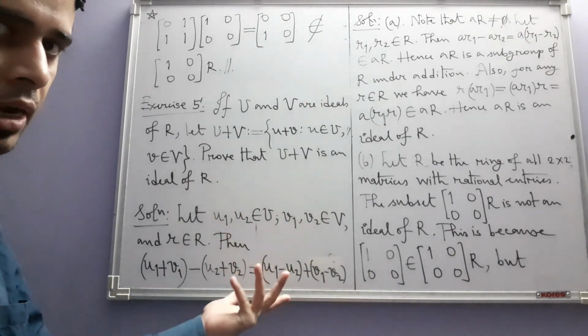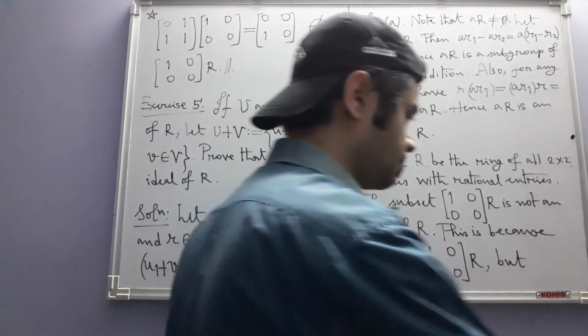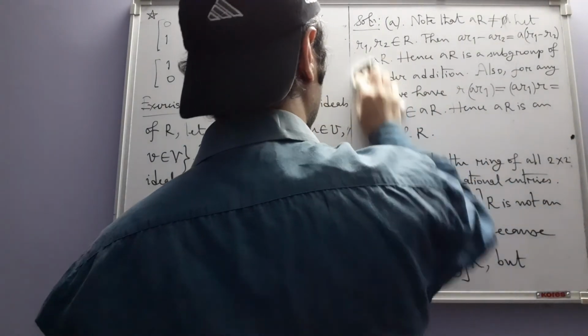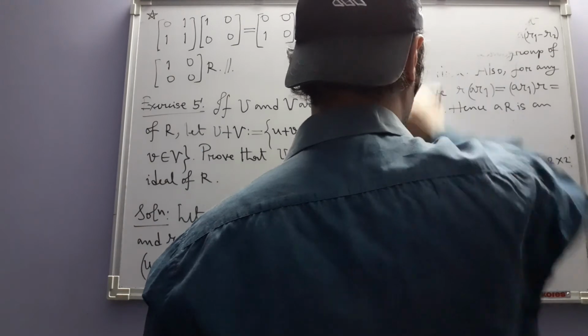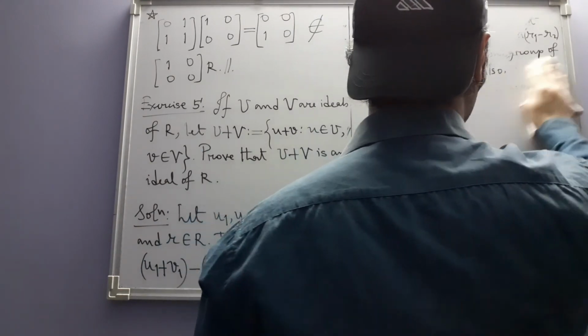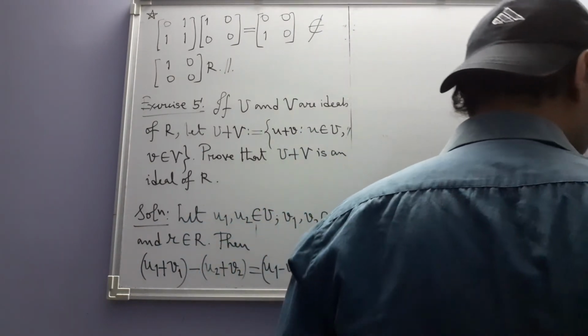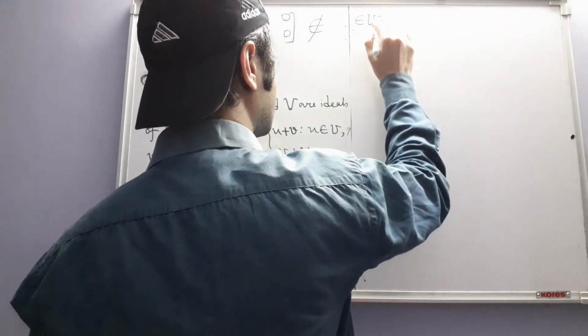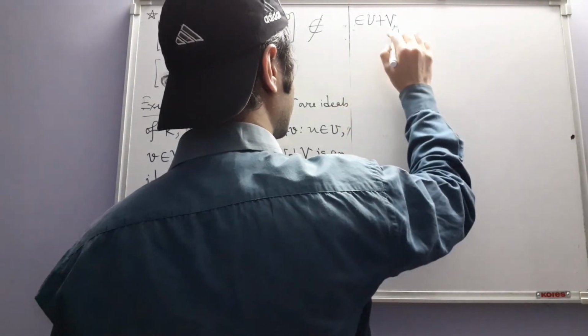Being ideals, they are additive subgroups of R. So this belongs to U plus V.